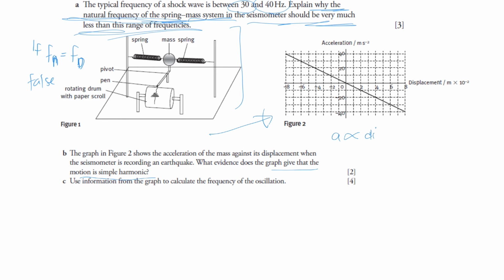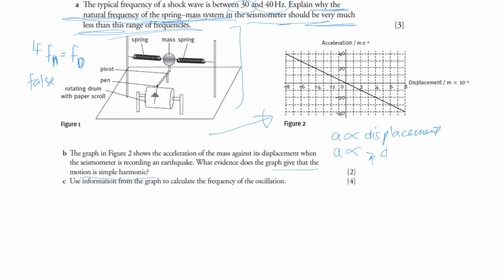The other evidence is that acceleration is opposite to displacement: when the displacement is positive, the acceleration is negative, but when the displacement is negative, the acceleration is positive. So those are the two pieces of evidence you can use.